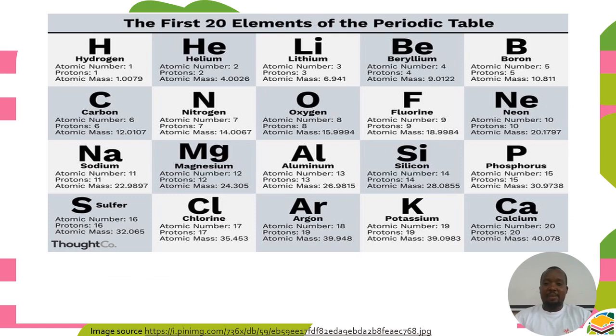So the first 20 elements of the periodic table are as follows.